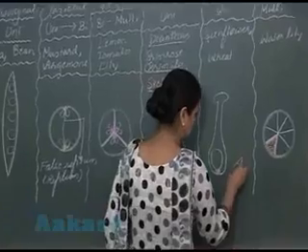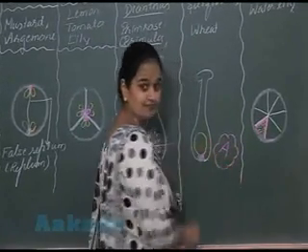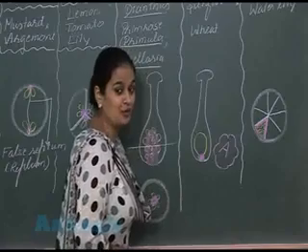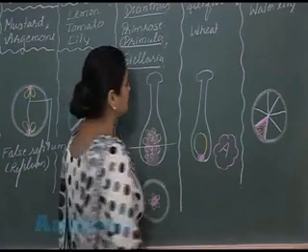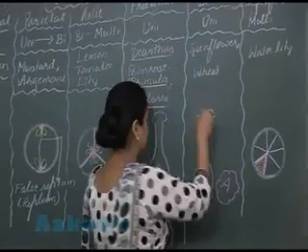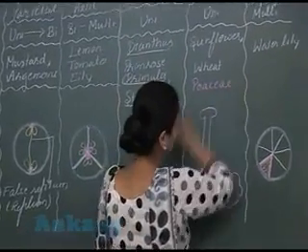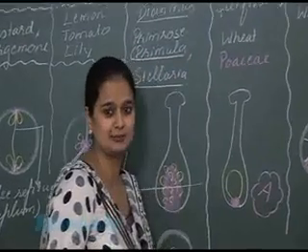So this is the most advanced type of the placentation, right? It is present in sunflower, that is Asteraceae family, and in the wheat, so you write the name of the family, that is the Poaceae.